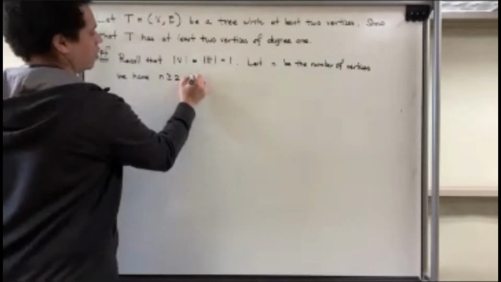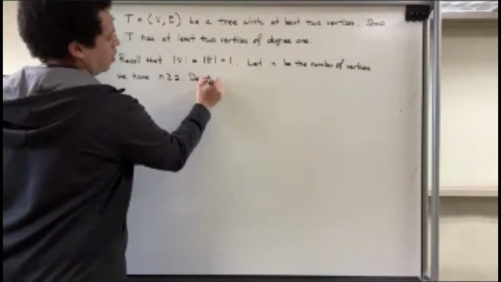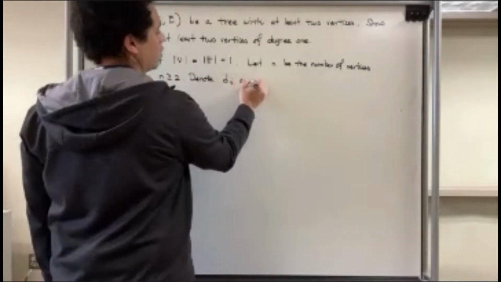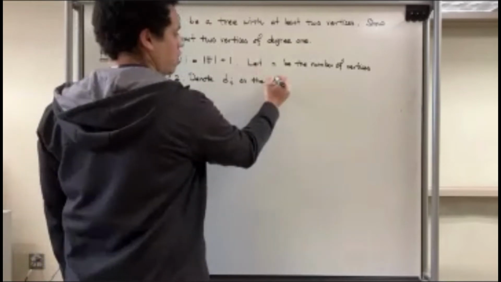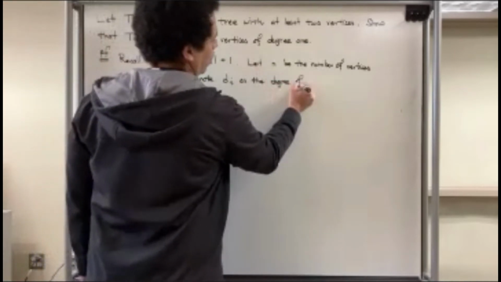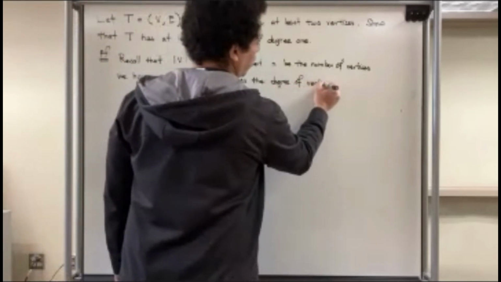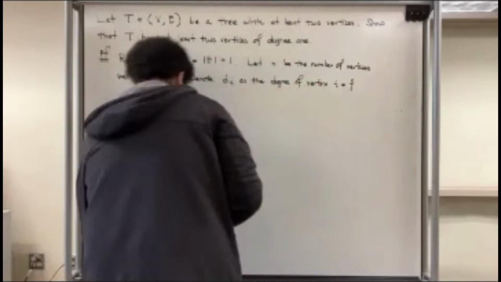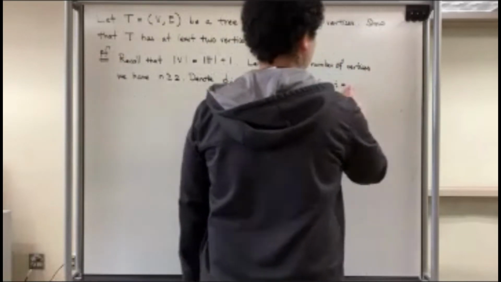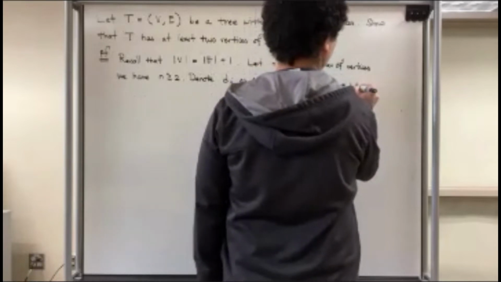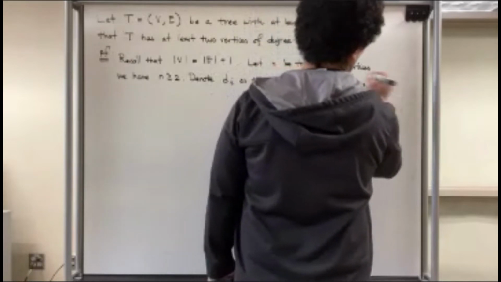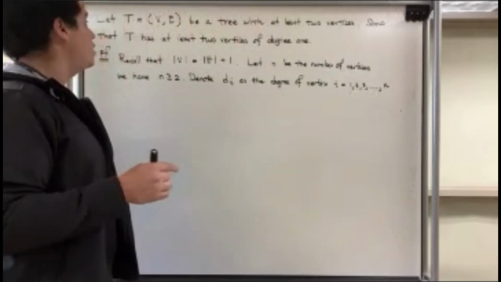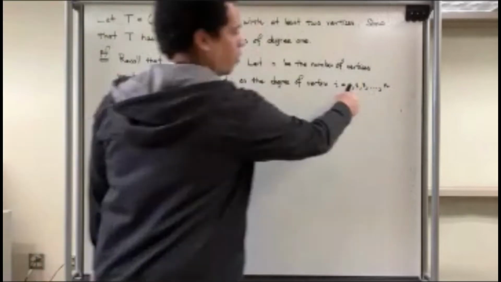So I'm going to denote d_i as the degree of vertex i, where i ranges in the set 1, 2, 3 up to n. All that I'm doing here is relabeling the vertices of T using the numbers from 1 to n.